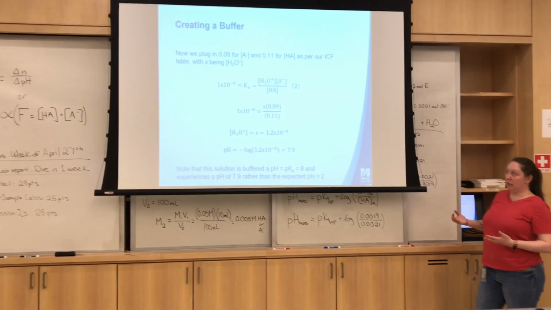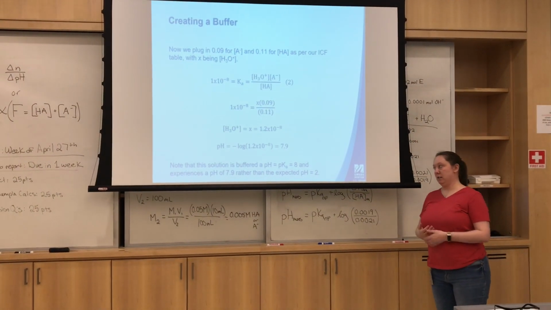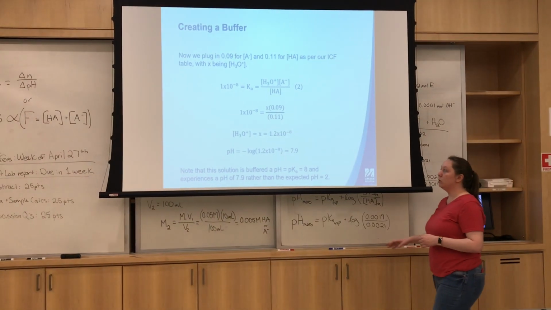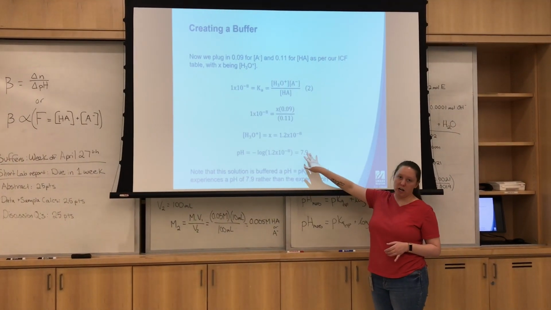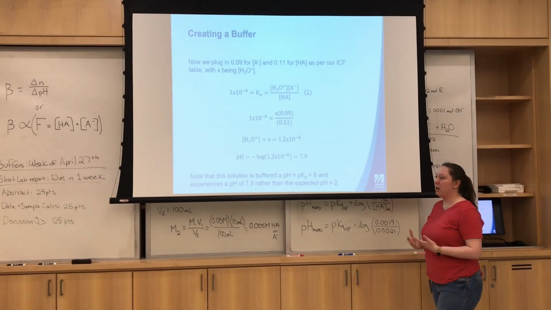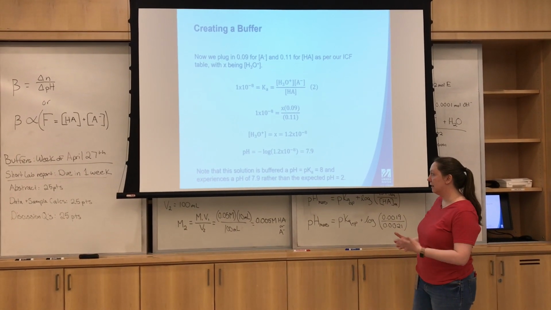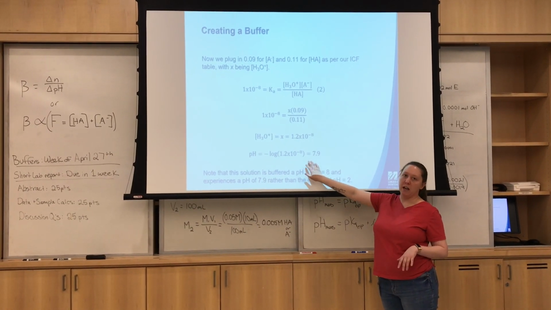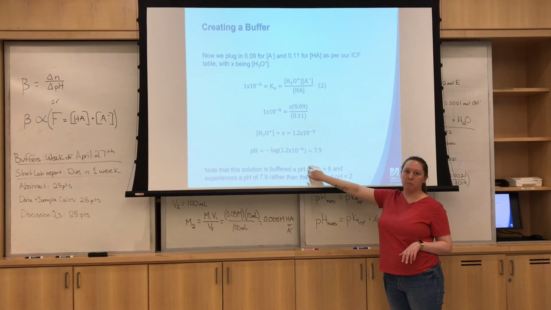So essentially, that's a good buffer system. If it wasn't a good buffer system, you would see a much larger change in pH here. So when we talk about the buffer capacity of something later, we're talking about how good the buffer is at retaining its pH.